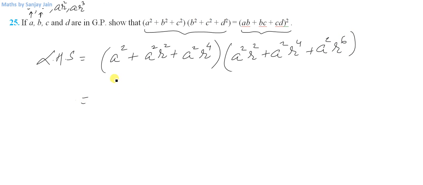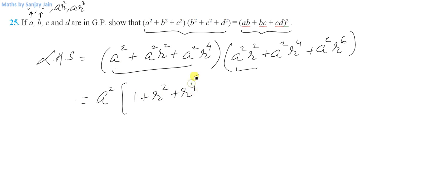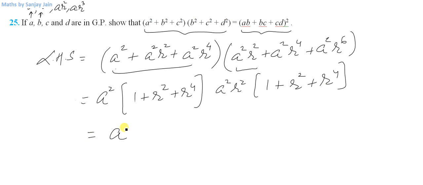If you notice, I can take a squared common from this and a squared r squared common from this. Let me see if I can reach a good conclusion. This will be 1 plus r squared plus r^4, and if I take a squared r squared outside, it will have 1 plus r squared plus r^4 inside. So the left hand side I've got is a^4 r squared into (1 + r squared + r^4) squared.